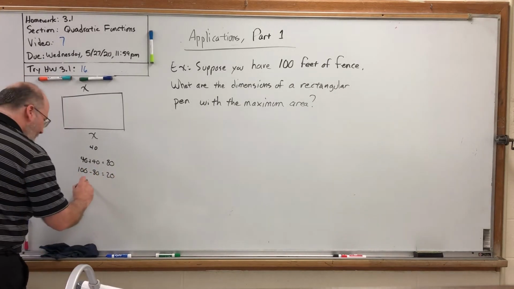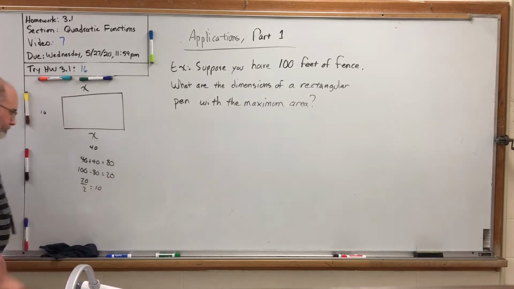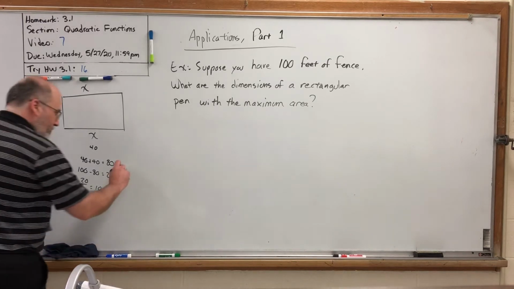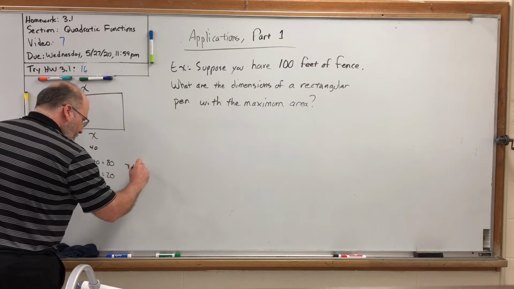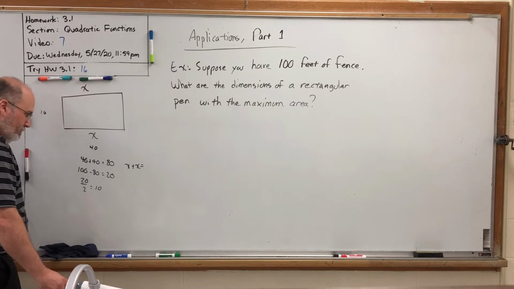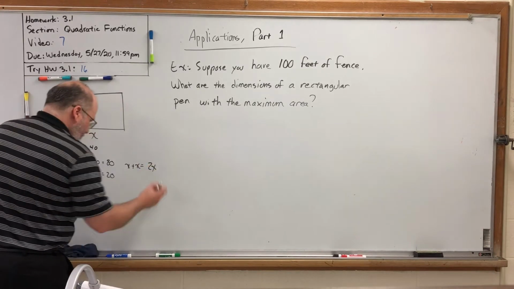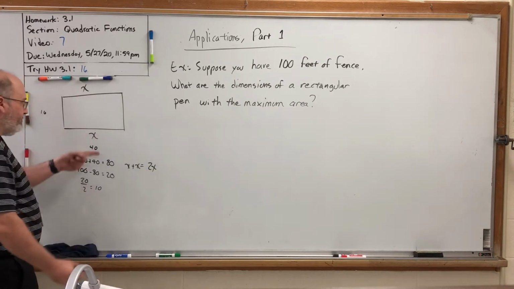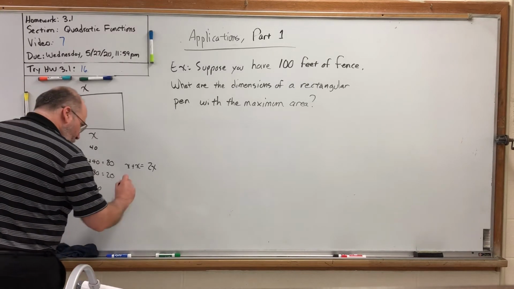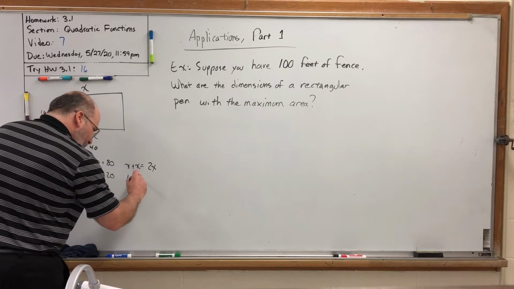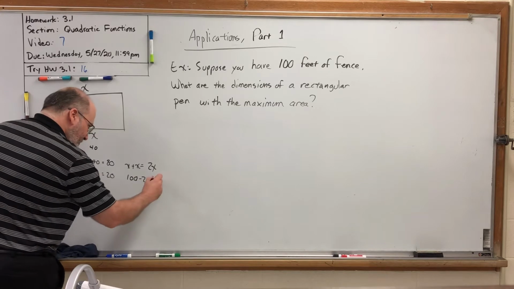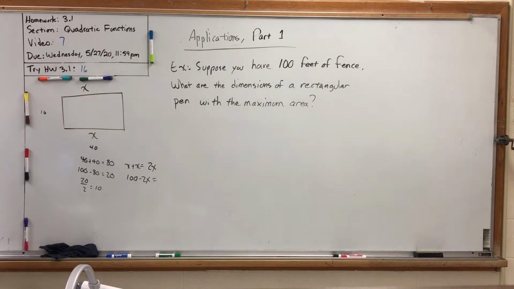Well, we had to divide that by 2. So could we do the same thing, but replace the 40 with an x? Well, x plus x is 2x. That represents these two sides. So if we take the 100 and subtract the 2x, that's what's left.